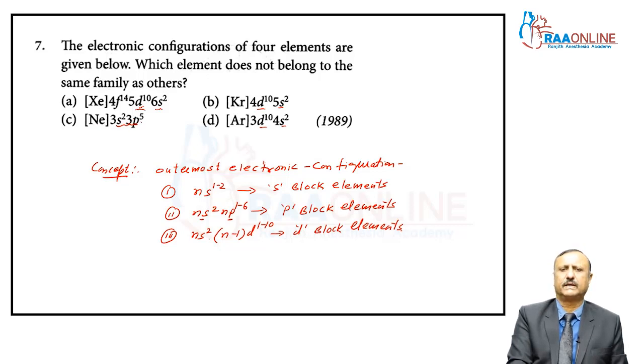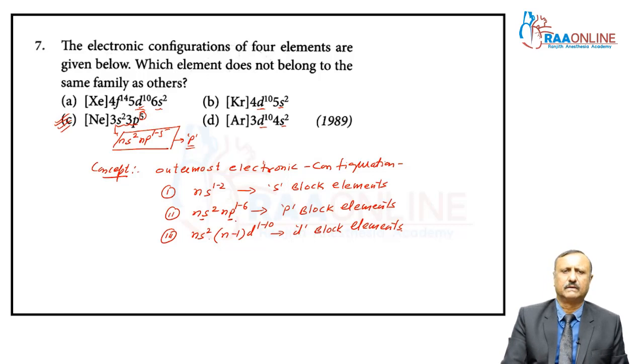So, my dear students, and in the p orbital 5 electrons are present and 3s2, it means it is ns2 np1 to 5. This type of electronic configuration is present. So, my dear students, it belongs to p block elements here. So, these belong to d block elements, and this belongs to p block elements. So, you can go to the answer C.